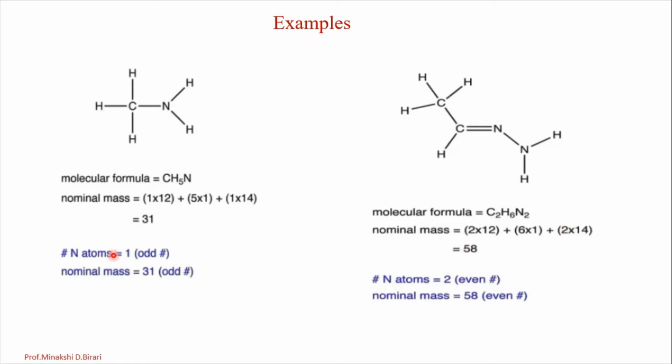Here with an odd number of nitrogen atoms, the molecular ion peak or nominal mass observed is also odd. In this example, the number of nitrogen atoms is 2, an even number, so it has an even molecular ion peak observed at m by z value 58, which is an even number.